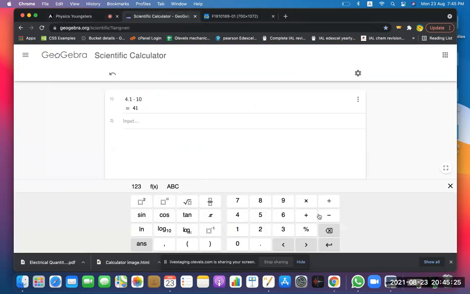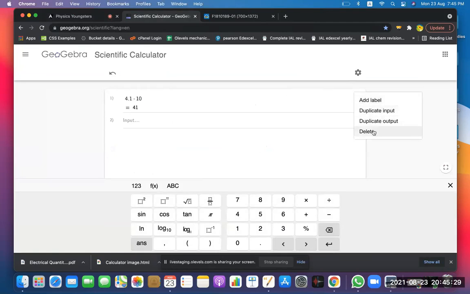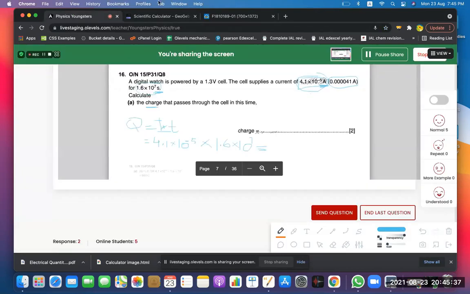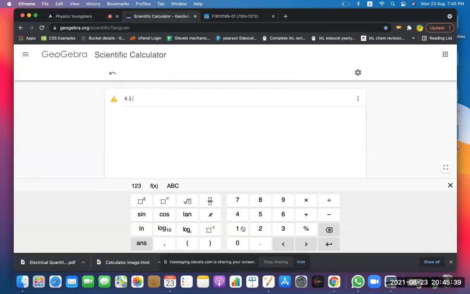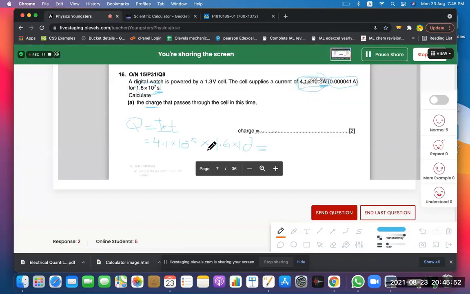I will write 4.1 multiplied by 10 to the power minus 5, okay? Then I will put this arrow. Then what I have to write? Multiply by 1.6.